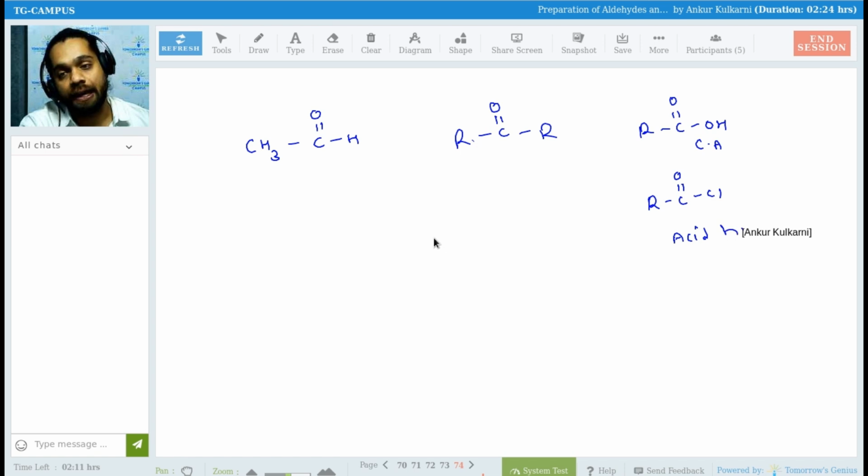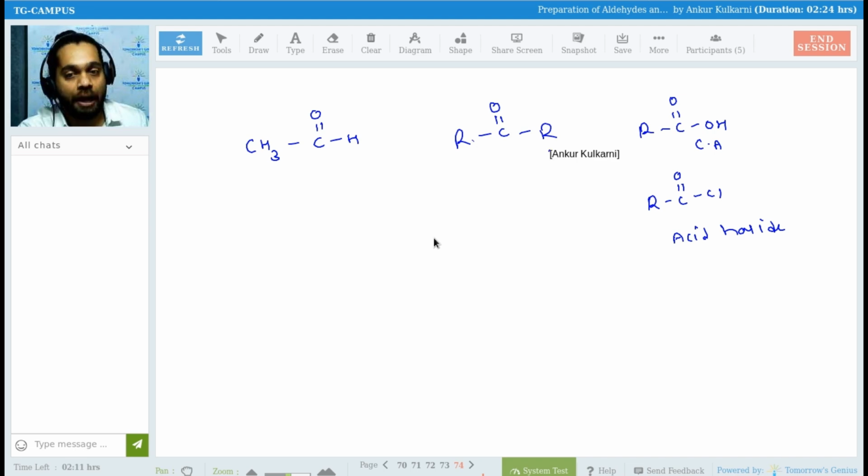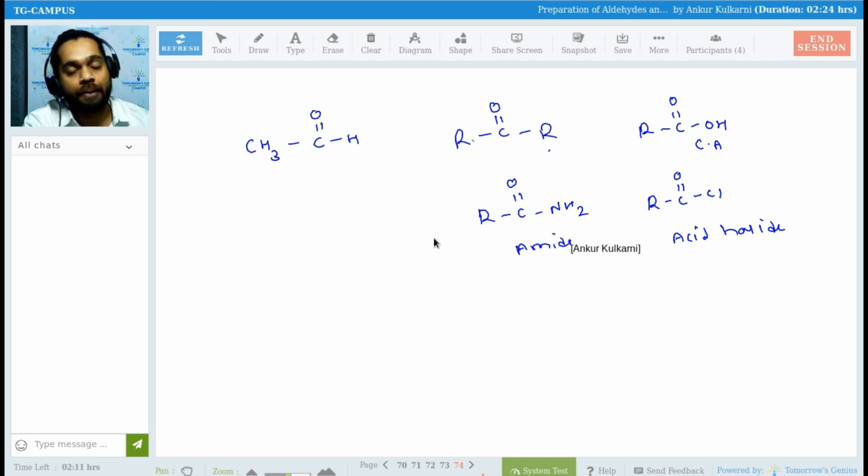Then I can have amides. Amide means if I replace the OH with NH2, R C double bond O NH2. This is nothing but amide.